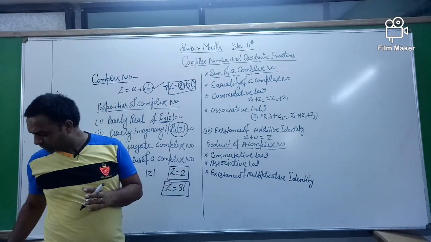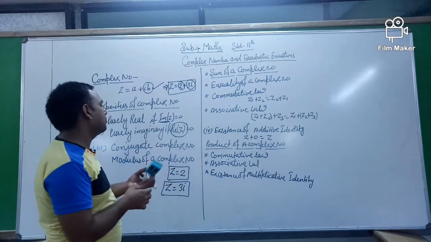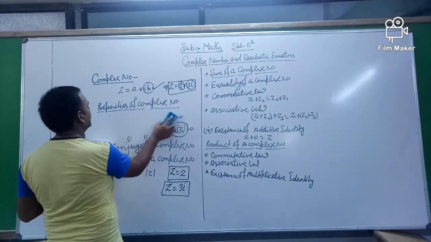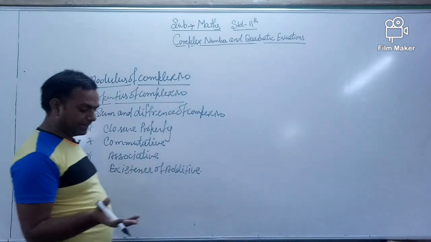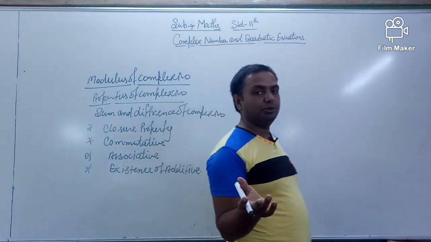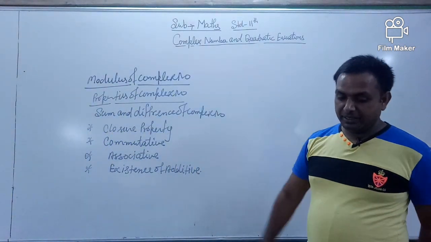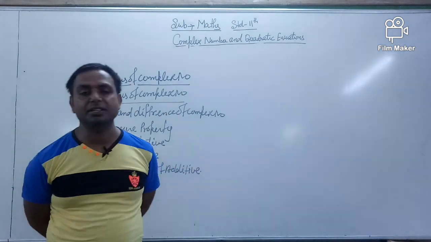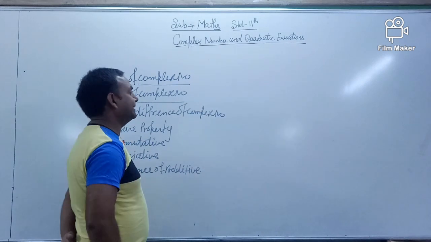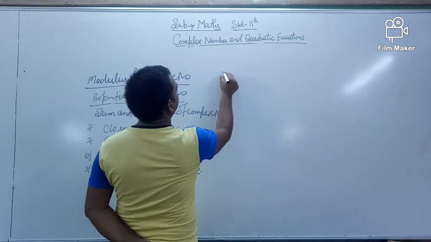After that, we are talking about the conjugate. It is a very important part. Suppose you have a complex number and you want to find the modulus of that complex number. The modulus is written as mod z.